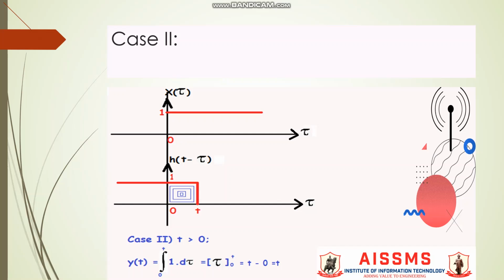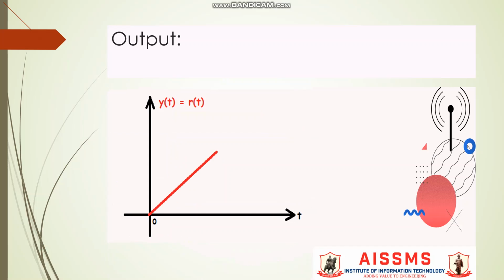So the resultant answer of integration is tau. Substituting upper limit minus lower limit, we get y of t is equal to t. We know that this mathematical expression is of the ramp signal. So here is a sketch of our output signal y of t is equal to r of t.